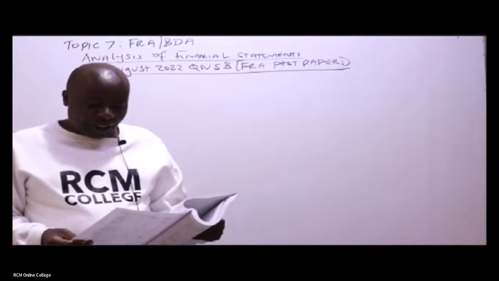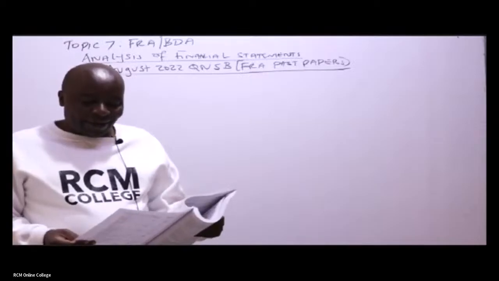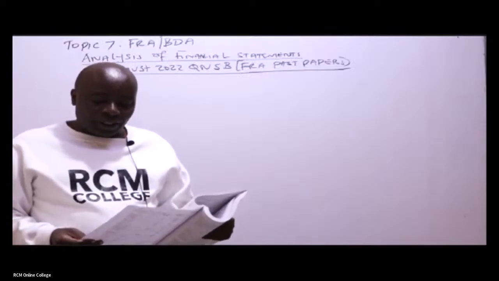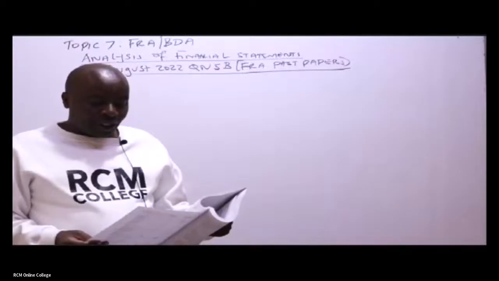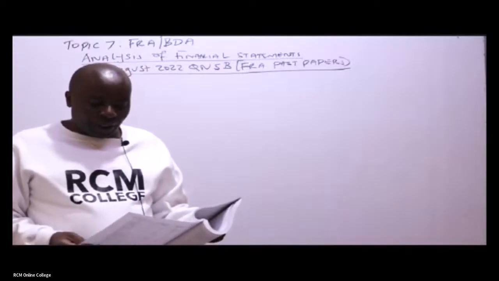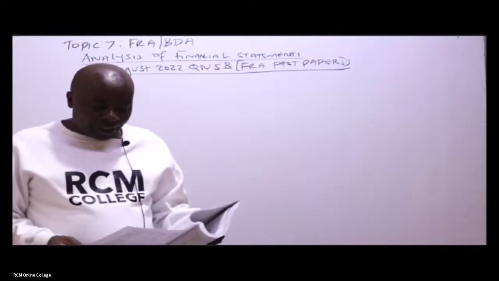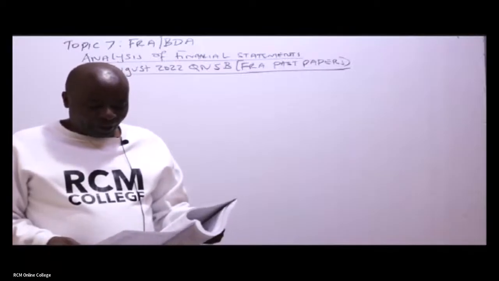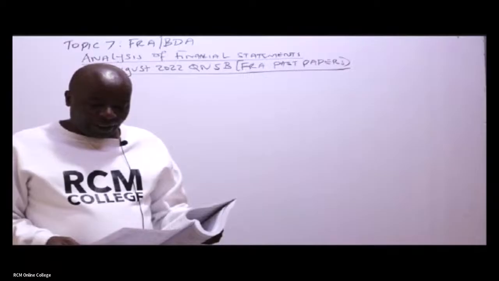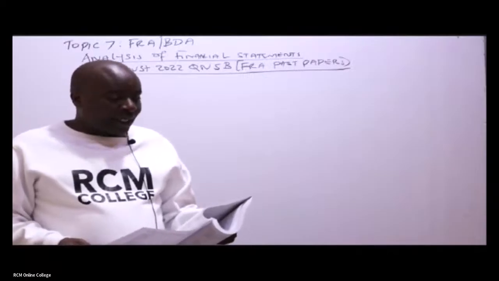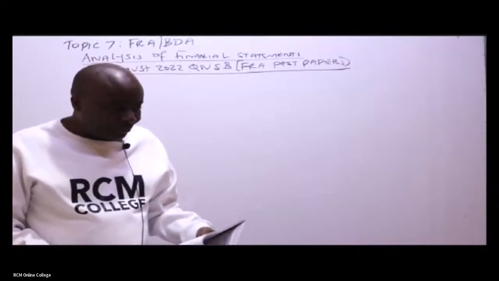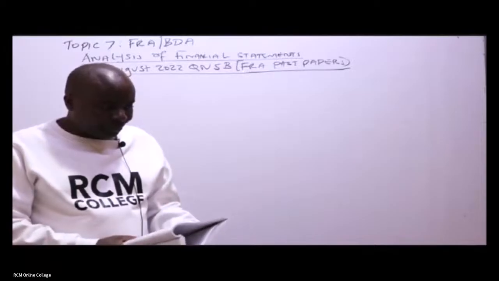As a prerequisite to the takeover decision, the directors have tasked a firm of consultants to carry out a cross-sectional analysis of the financial statements of the 2 potential target companies which operate in the same sector. The financial statements of the 2 entities at 30th April 2022 are shown below.